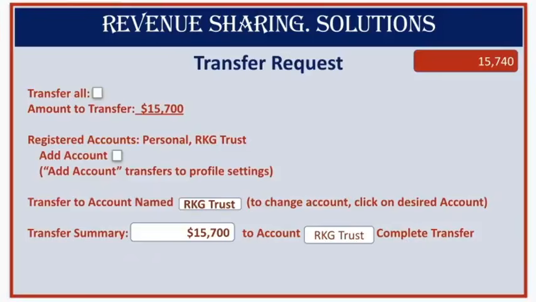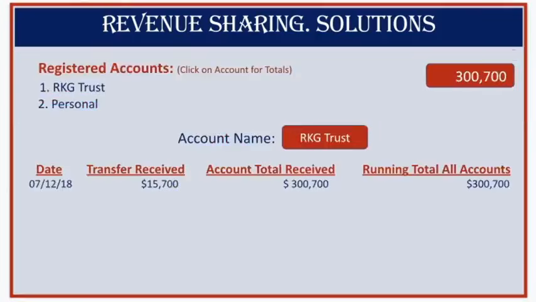And this is your transfer request, and tells the computer where you want your money put into which particular account. This one gives you the amount of money that you have put in a particular account. In this case, it's coming to the RKG Trust, so I can see how much money I have put in the trust.